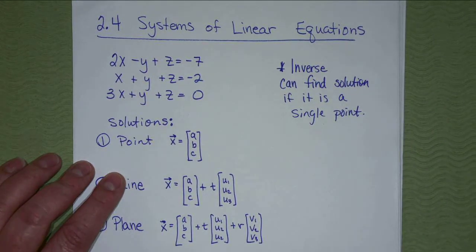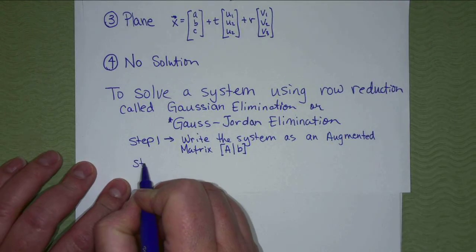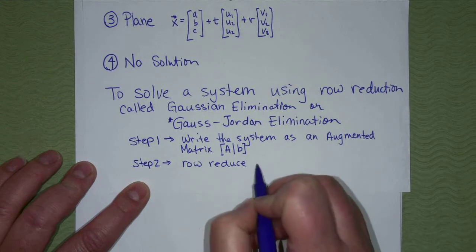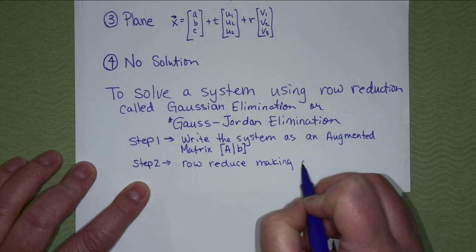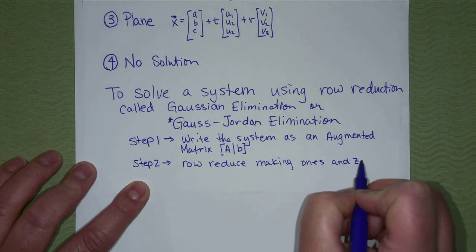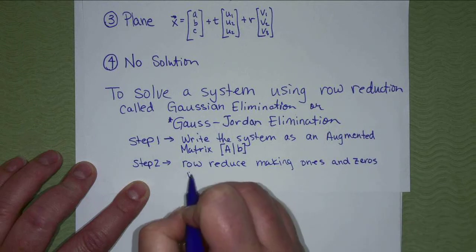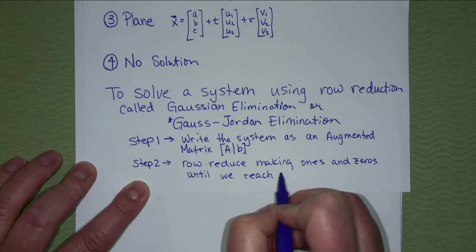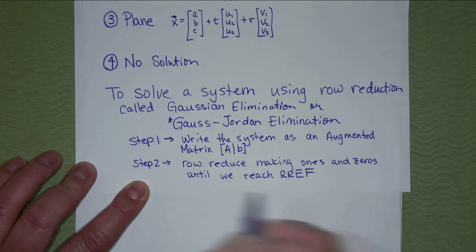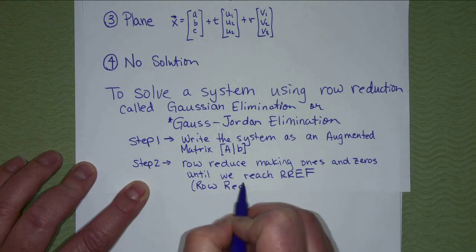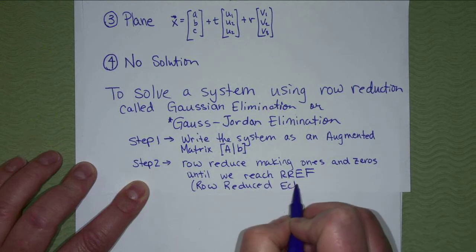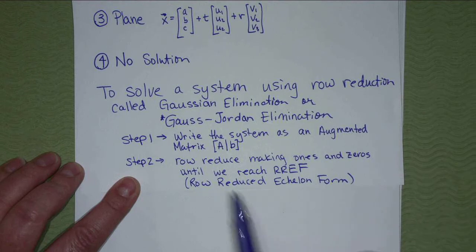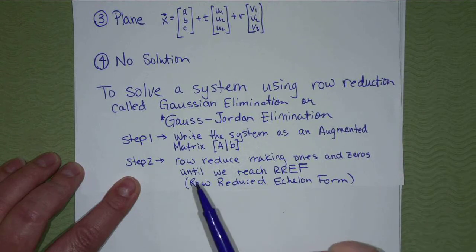Step 2 is row reduce. So we row reduce, which is the steps that we did before, making ones and zeros, until we reach REF, which is row echelon form.